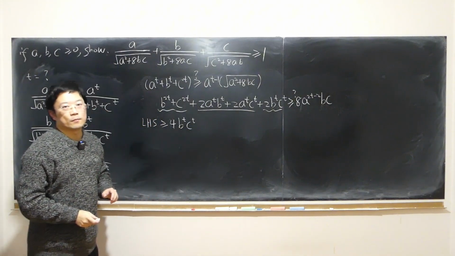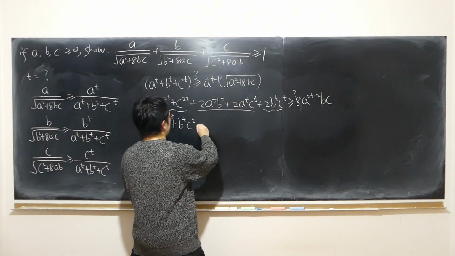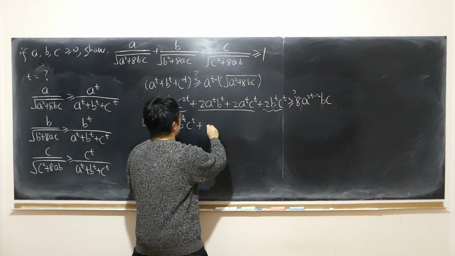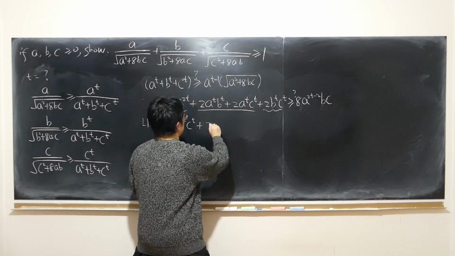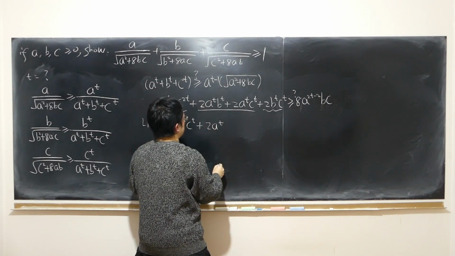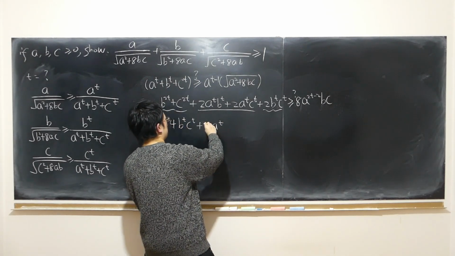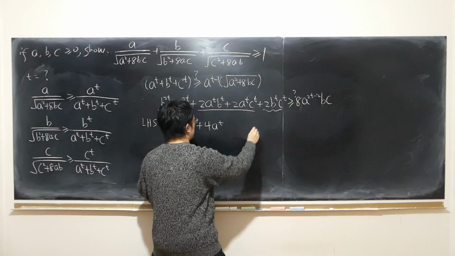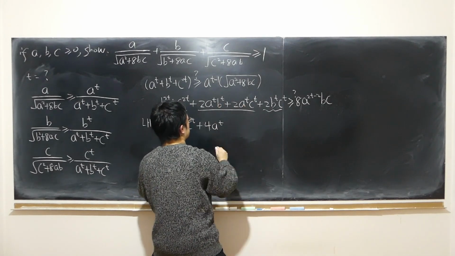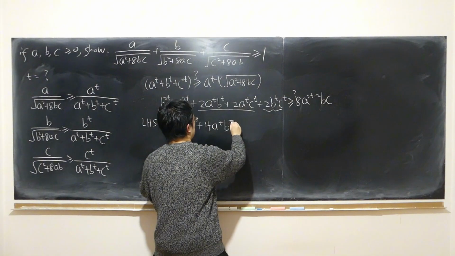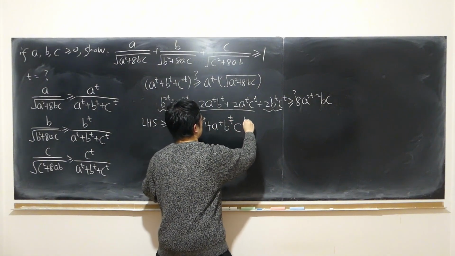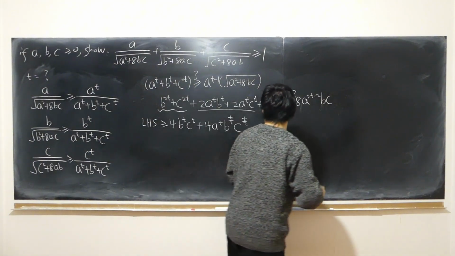Again, AM-GM inequality, keeping 2 times a to the t, twice the square root of, so 4 times the square root of b to the t times c to the t. So b to the half t times c to the half t.